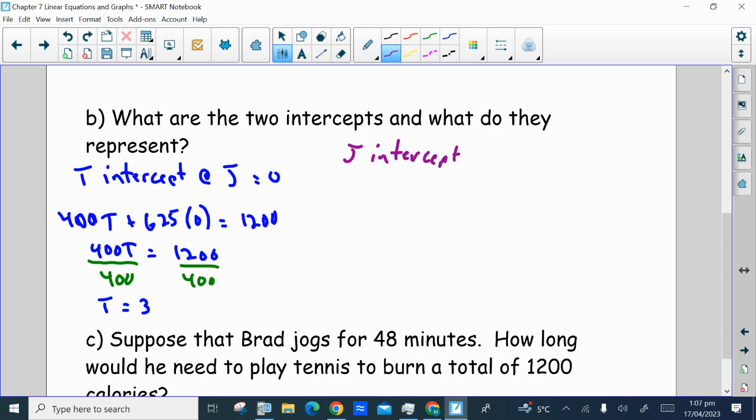How do we find the j-intercept? Because you're going to let t equal 0. The next step would be what you said. The j-intercept will be where t equals 0.